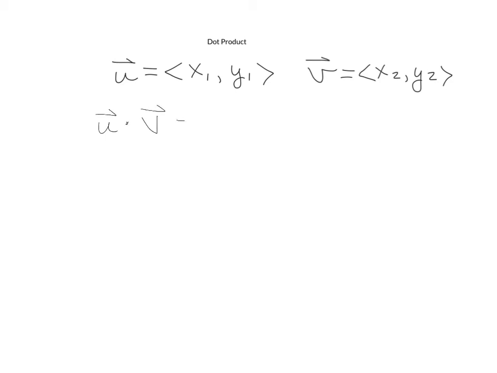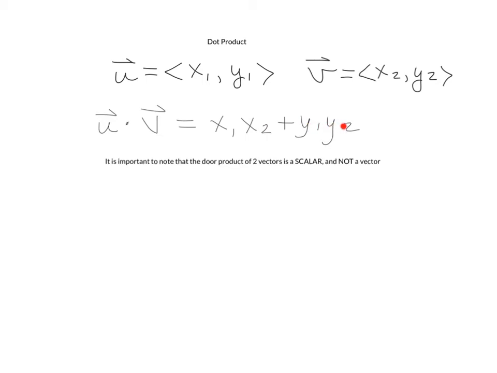And what it equals is the product of the x values added to the product of the y values. So as this note indicates, and as you should observe from this result, the dot product of two vectors is a scalar and not a vector.